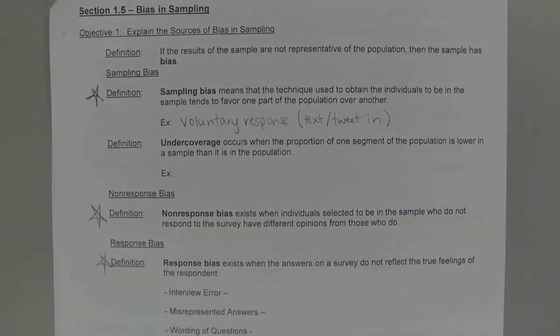Does anybody watch reality TV shows? Even if you don't, you know what I'm talking about: American Idol, X Factor, Dancing with the Stars, all that kind of stuff. Whenever they ask you to text in your vote or tweet in your vote, or whatever it may be, that has a bias to it.